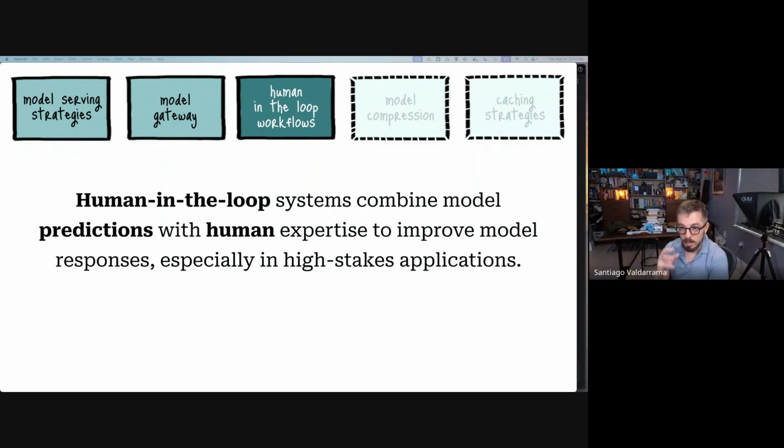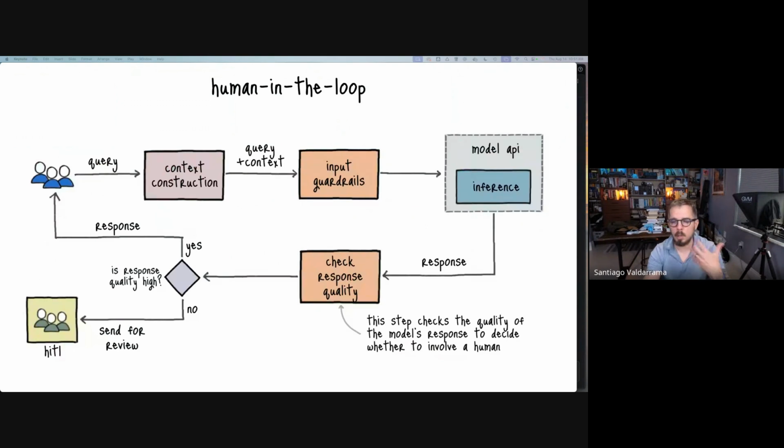Building something with a human component makes your job extremely easier than if you try to do it all by yourself. You guys are going to laugh, but I have deployed systems without a model. So imagine this system here, this model component does not exist at all. Okay, it's just fake. There's nothing there.